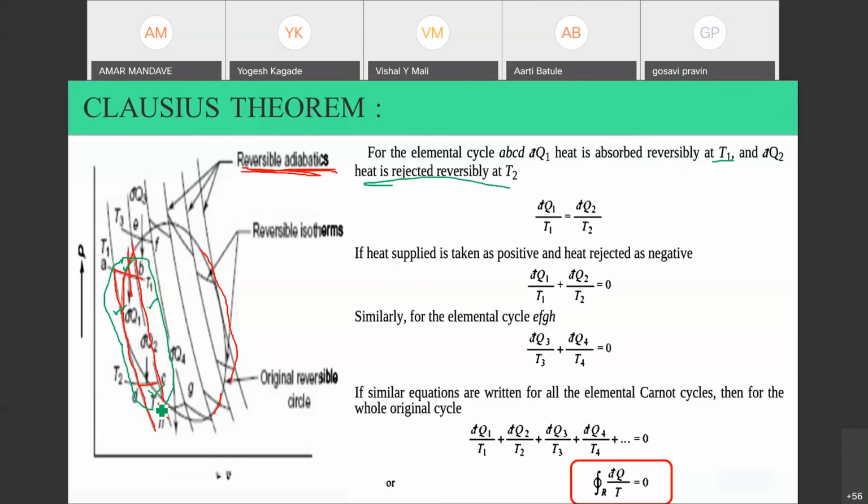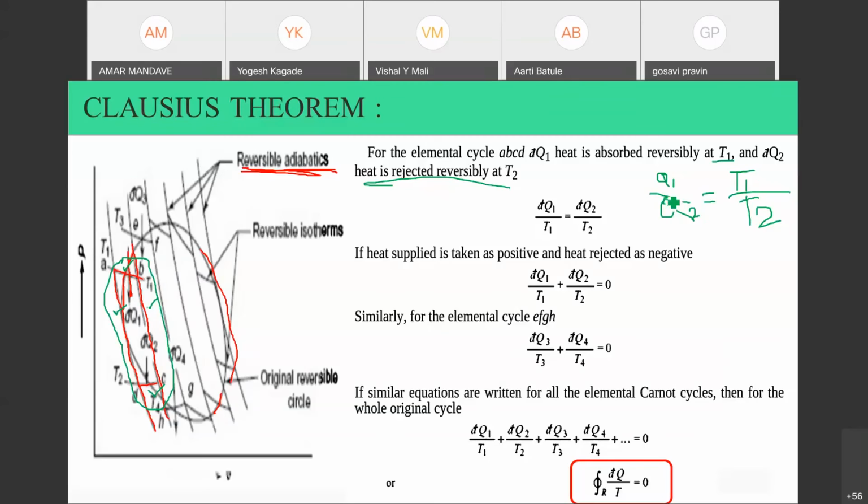By using the absolute thermodynamic temperature scale, the heat added upon the heat rejected is equal to the temperature of the reservoir at which heat is added upon the temperature of the reservoir at which heat is rejected.